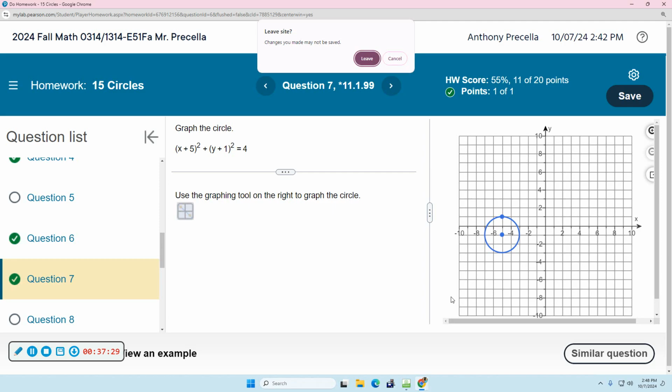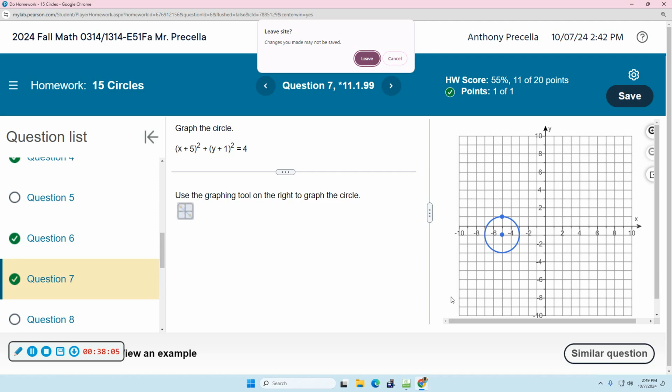What they're going to be doing now is giving us expanded forms. And now we're going to have to go back, creating perfect square trinomials for x and for y, so that it'll be written in the form quantity squared plus quantity squared equals a positive number. We're going to have to go backwards from this step all the way back to the original center radius form.